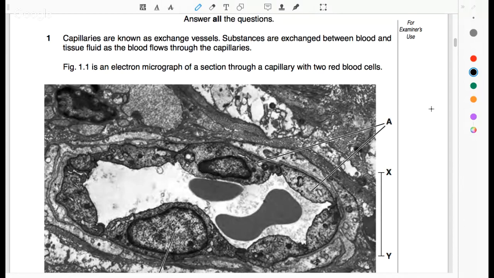Good. I can see the endothelium made out of cells. Good. How many cells thick? Single cell thick. Cool. Very thin endothelium. I can't see it, but it has to be tissue fluid around it. Yeah, okay.